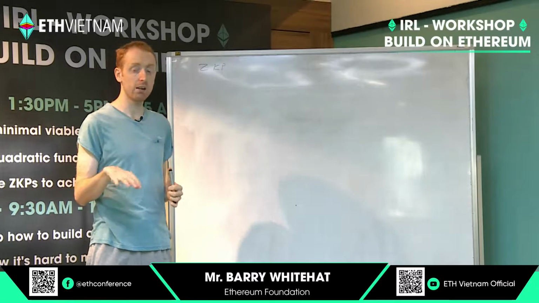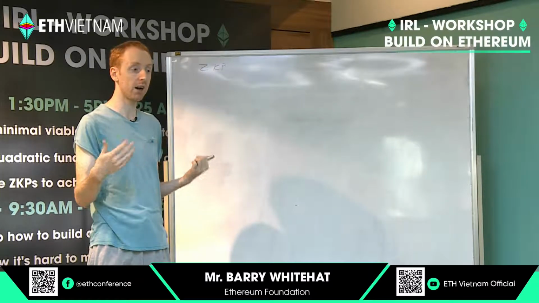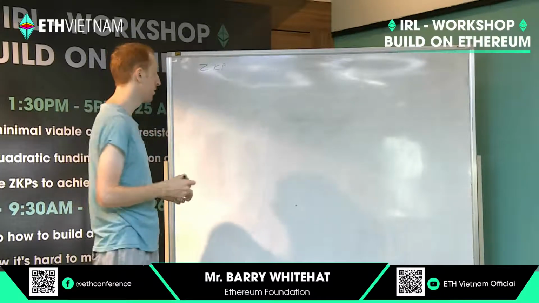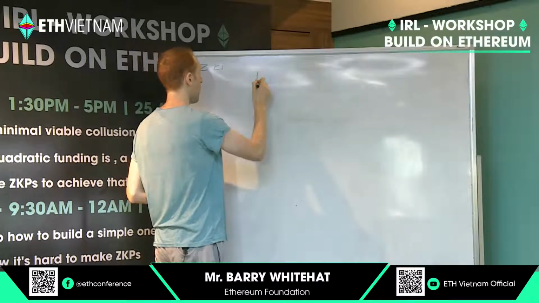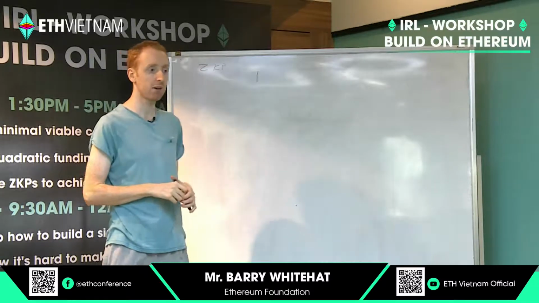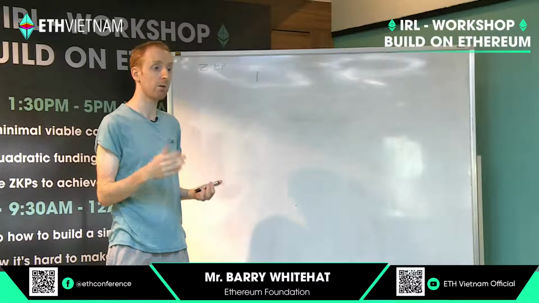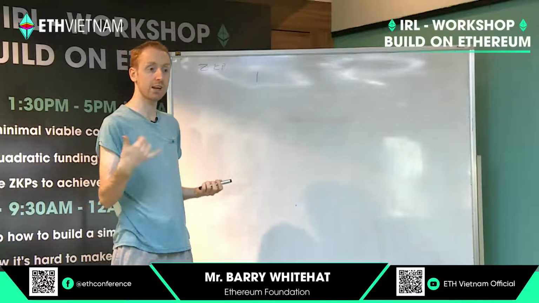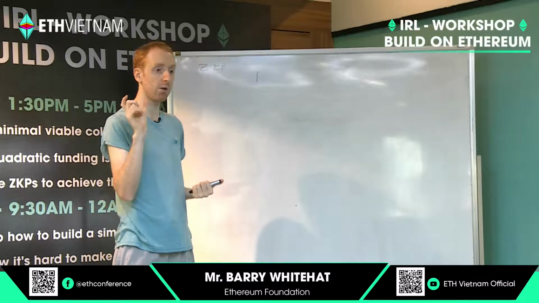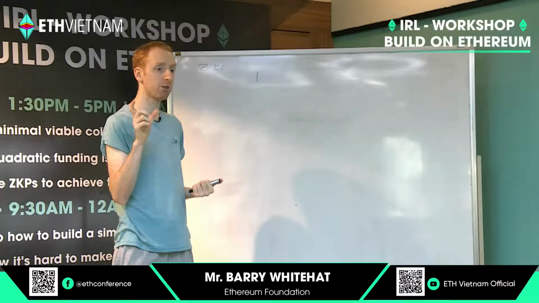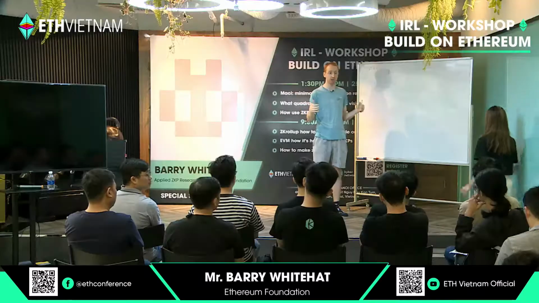Before we talk about that, let's talk about what our system looks like. All the time when we talk about ZKPs, at least for now, we have a Merkle tree. A Merkle tree is like an accumulator that has a very short representation of a huge amount of data.